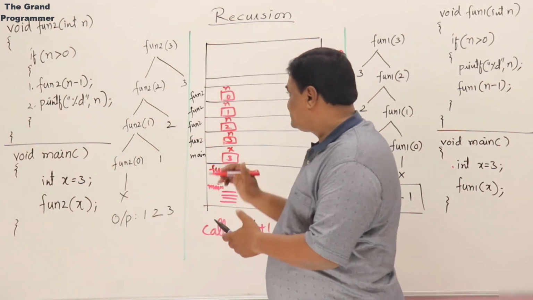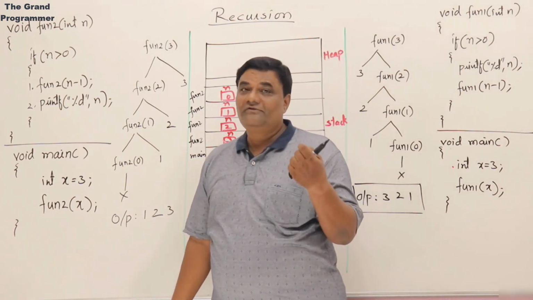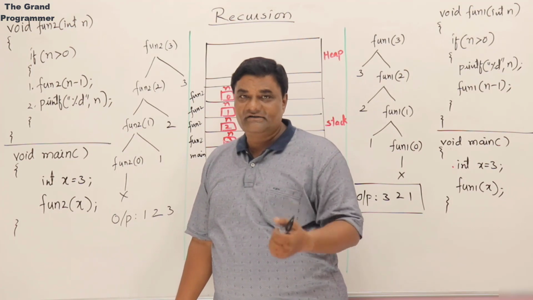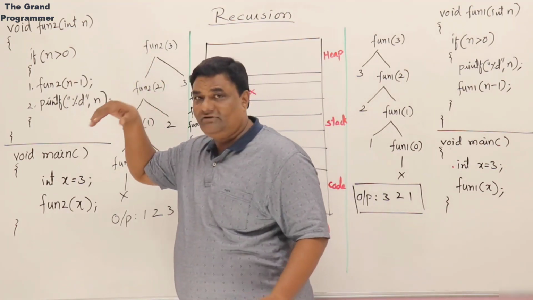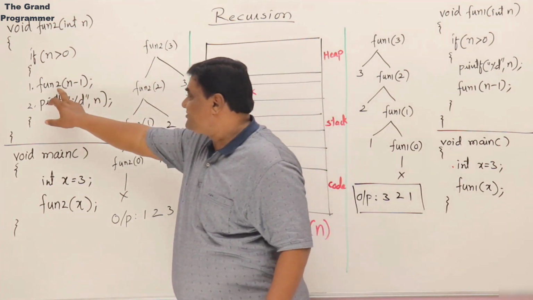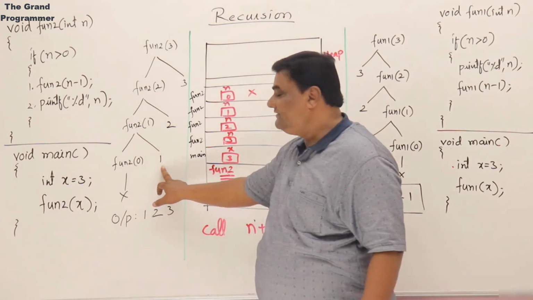Once it comes out of the function, this activation record is deleted because the function with n as 0 has terminated. It goes back to the previous call, in the same function, where it had finished this one. Now it has to perform this, that is, this line in the tracing tree.